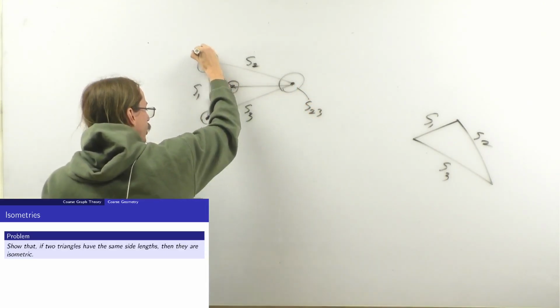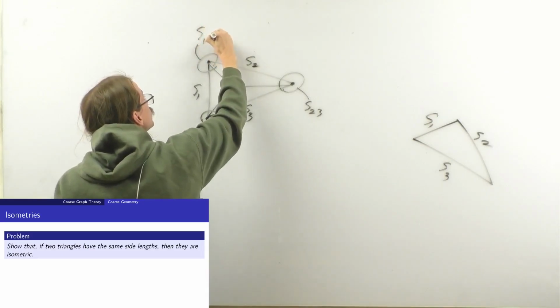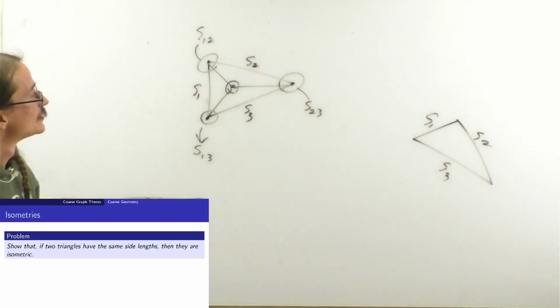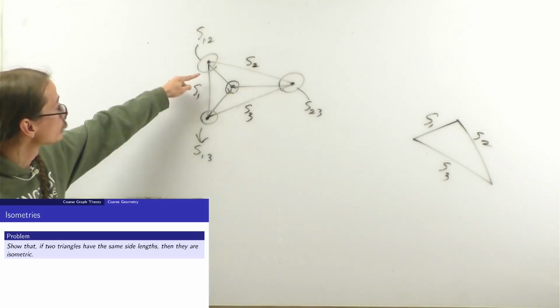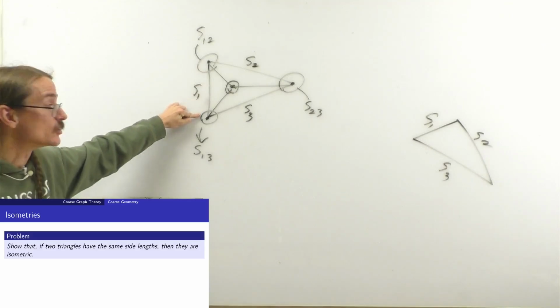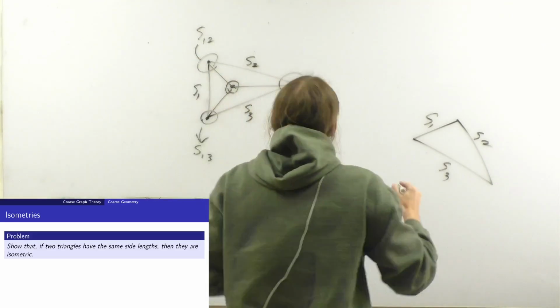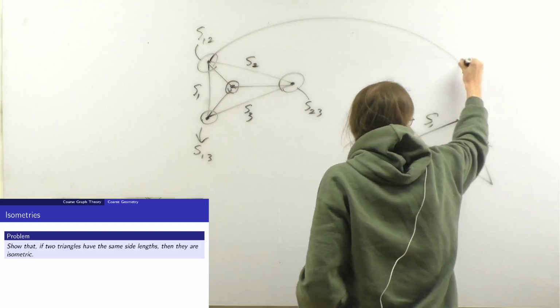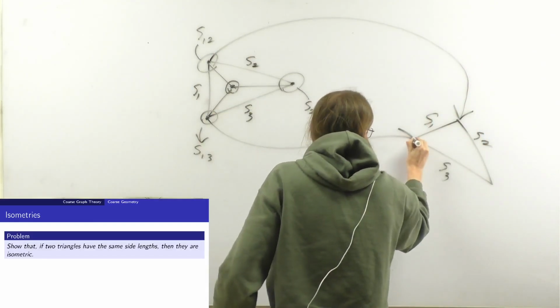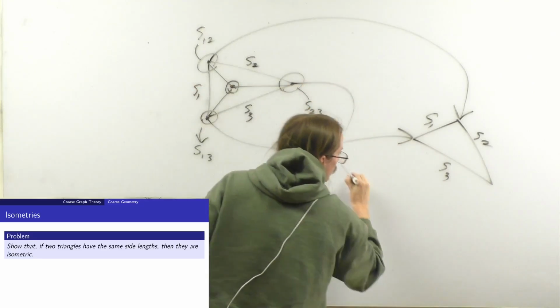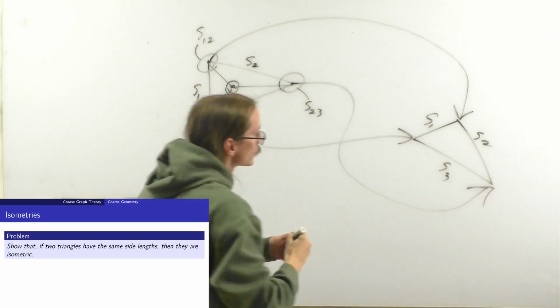And this one we could call S1 and S2. Well, it seems like a fair assumption. This point has to be the same distance from this point, so they probably should be separated by that edge. Let's take this point and put it right here. Let's take this point and put it right here. Let's take this point and put it right there.